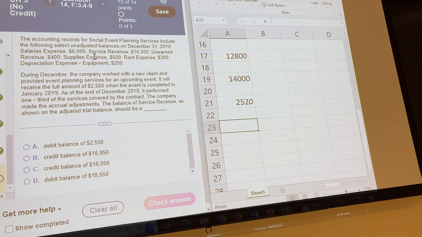So before the adjustment, if you read the problem, what they had in service revenue was $16,000. So now for this adjustment, we would take $2,550 divided by 3, because they will have performed 1/3 of these services during December.